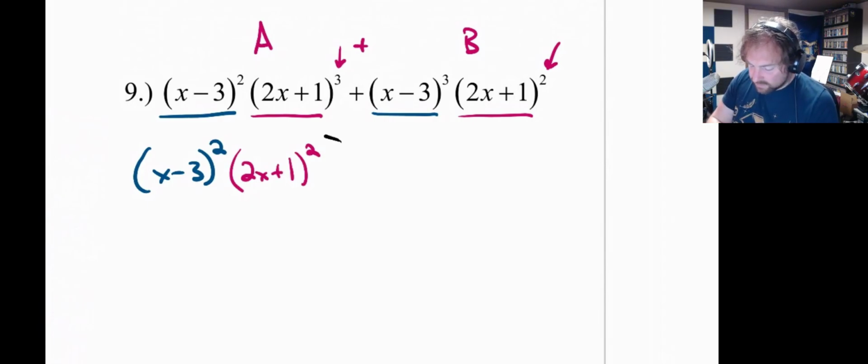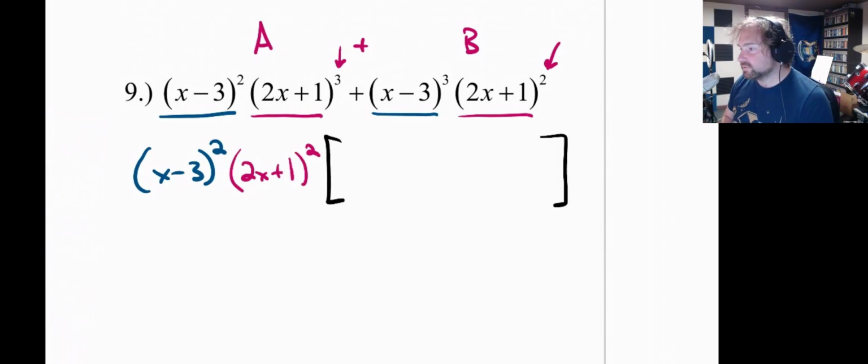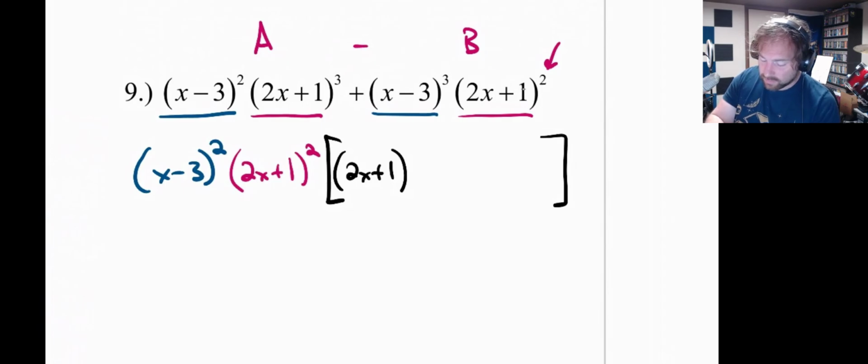What's going to be left after we do that is whatever divides out. For A, we've taken care of the x minus 3 squared, and we've got 2 of the 3 2x plus 1's, so we would have 1 2x plus 1 left over. I'm just talking about A right now. A just requires 1 more of those. And B, similarly, has 3 x minus 3's and 2 2x plus 1's.